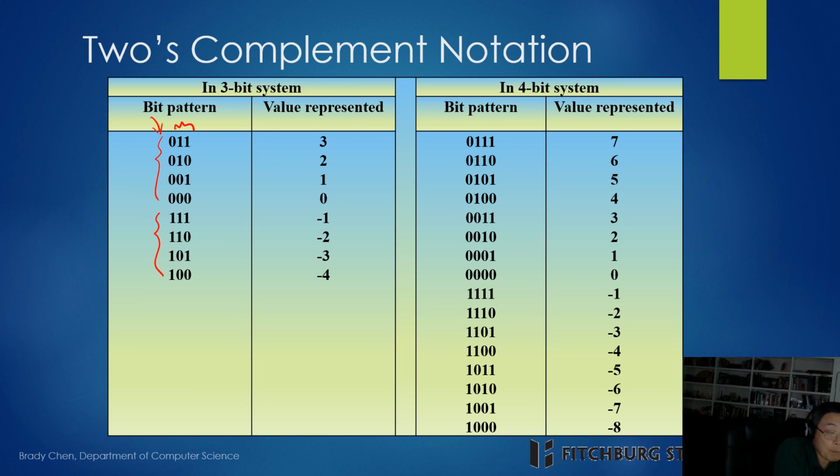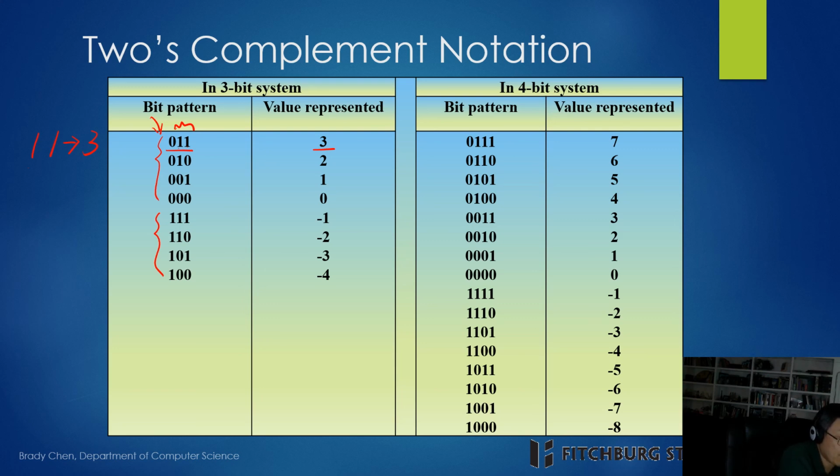So what is the maximum number? What's the largest number we can represent using 2 bits? That's 11, right? Now what is this number? 11 represents 3. So that's the reason why 011 maps to 3.